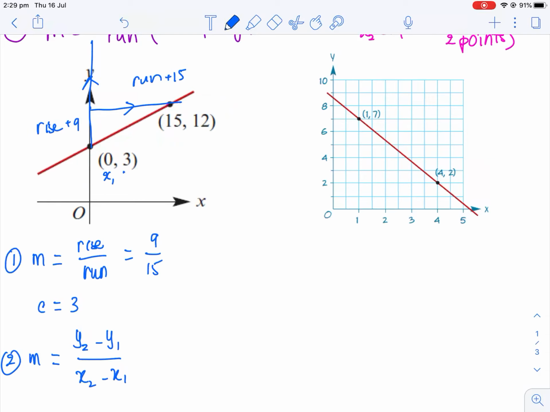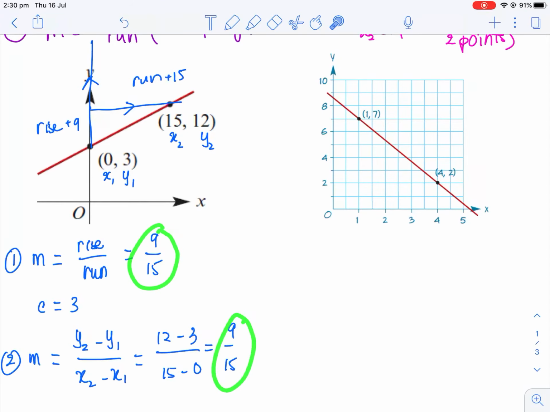I'm going to choose this one as point 1, so it's x1, y1, and this one as point 2, x2, y2. Then I'm going to substitute these values into the formula. I have y2 is 12, take away 3, and then 15 take away 0. So I'm going to have 9 over 15. Regardless of the method you use, they're going to give you the same answer.